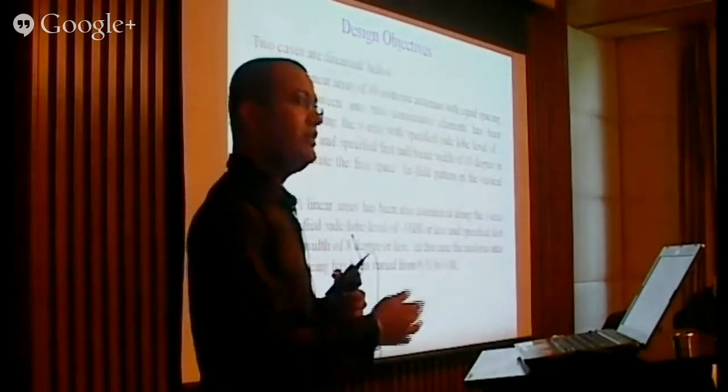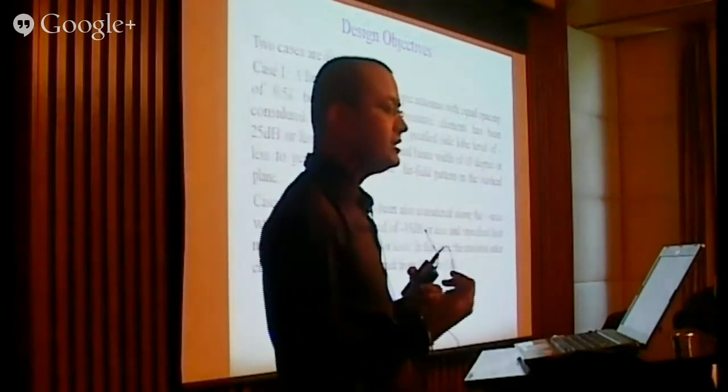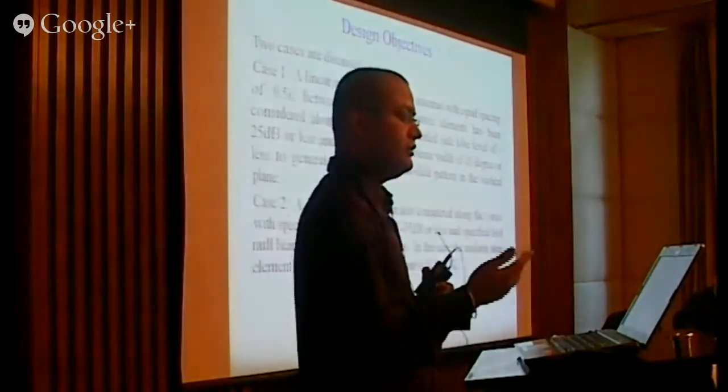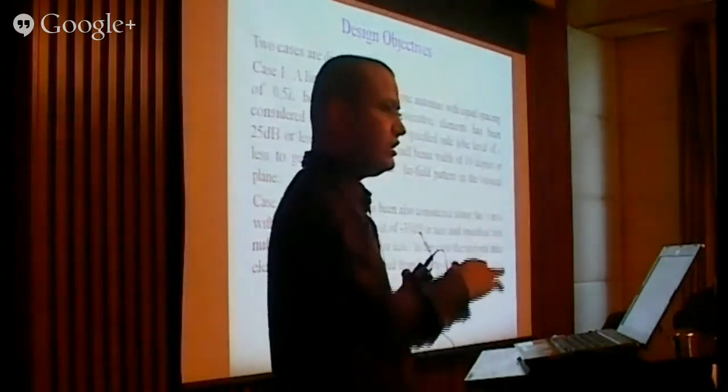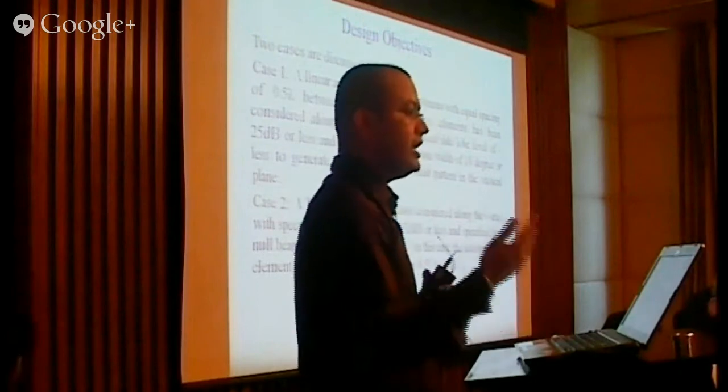In the second case, we also consider a 30-element linear array of isotropic antennas along the y-axis to generate a pattern with side lobe level minus 35 dB and specified first null beamwidth of 8 dB.